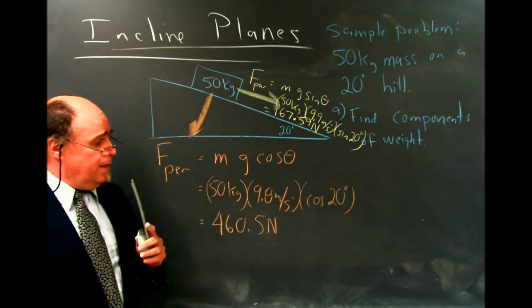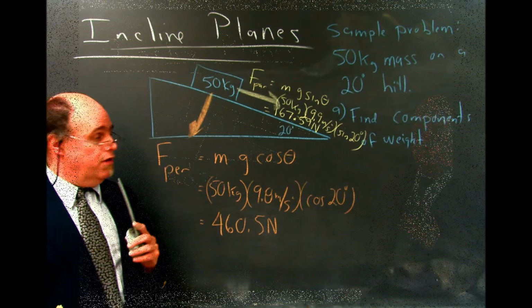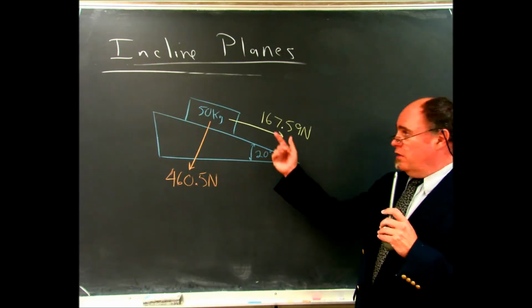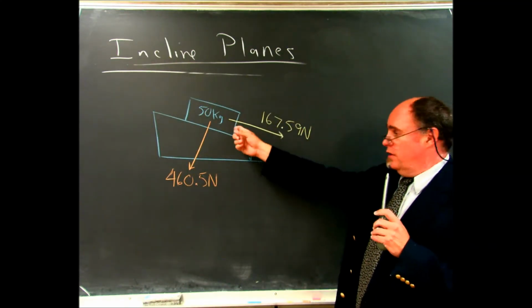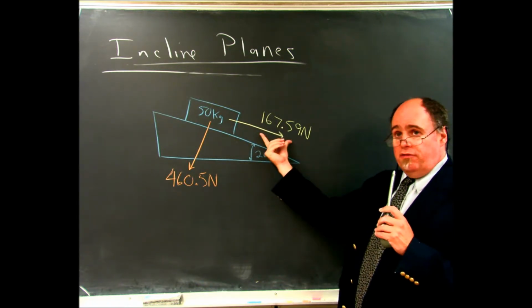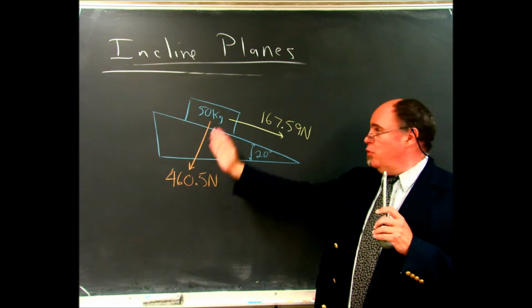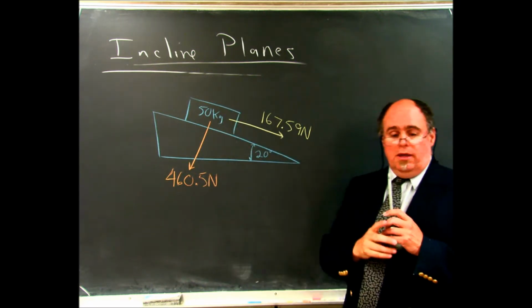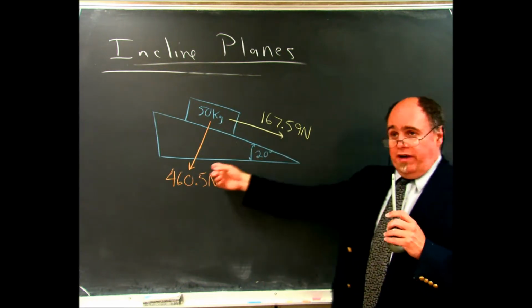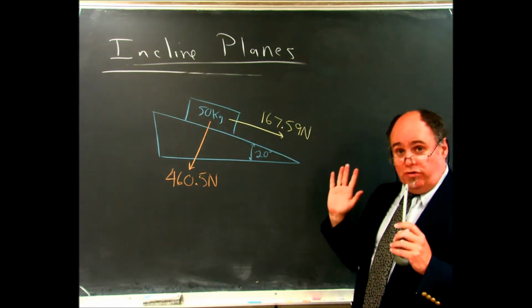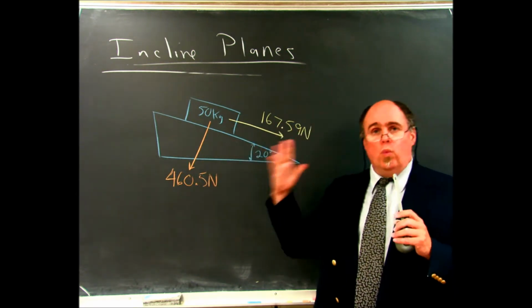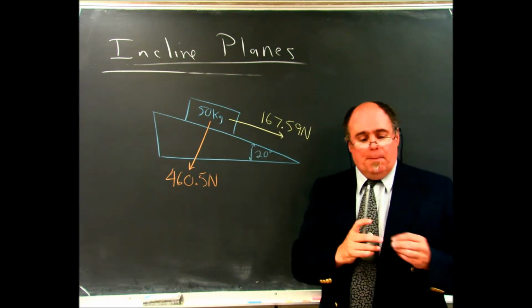Let me pause the tape and clean this up a little bit. I cleaned up the drawing a little bit, so you can see now we just have a box. It's on a hill. It has a certain mass. There's a piece of the weight pulling it straight down parallel to the surface of the hill. Here's a piece of the weight pulling it perpendicular into the hill. And these two vectors, when you add them up together using the rule of vectors, they will equal the weight of that particular box.